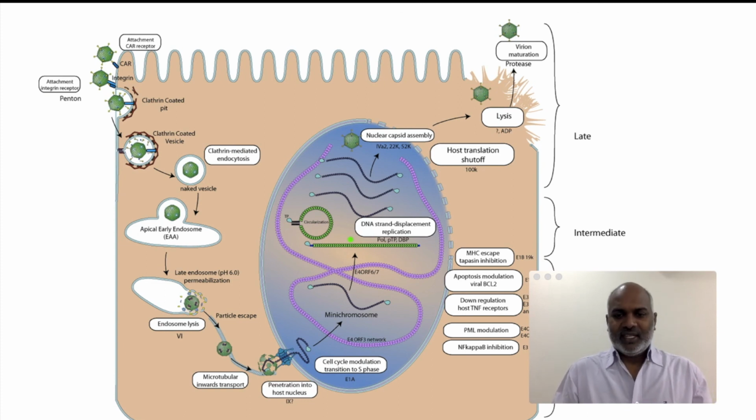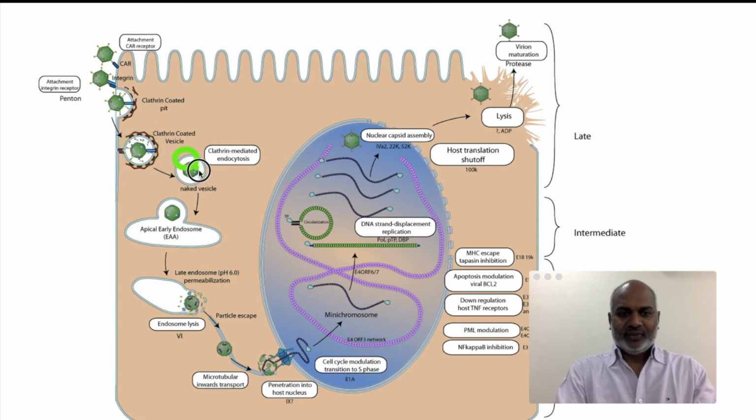Now, once again, I will repeat the concept of the life cycle of adenovirus. We all know that initially, adenovirus binds to the integrins as well as CAR proteins. With the help of those host proteins, there is a formation of a clathrin coated vesicle.